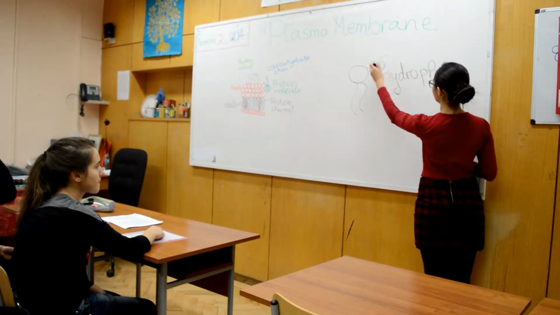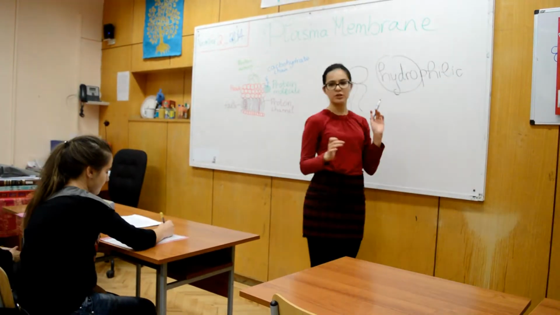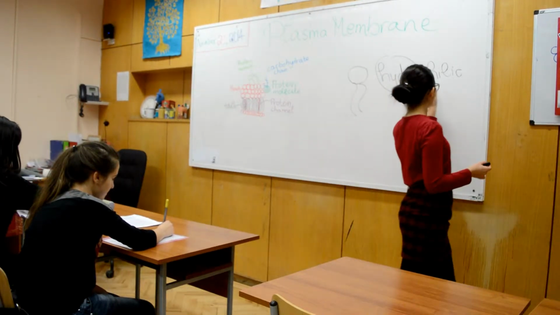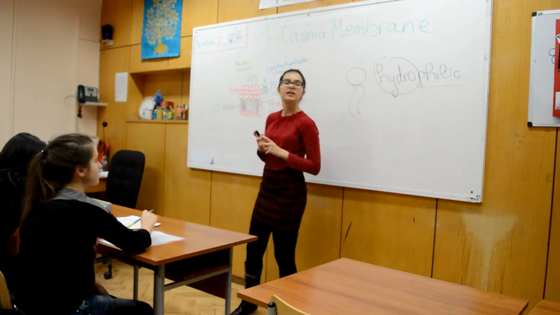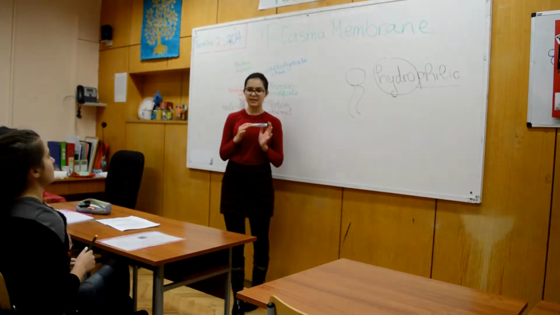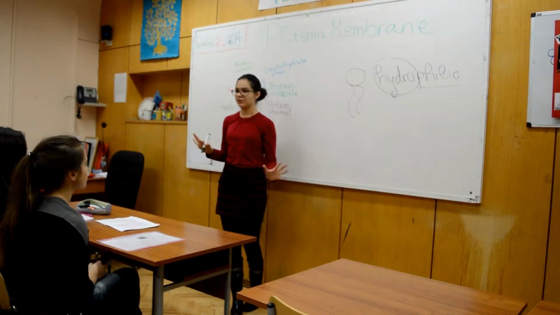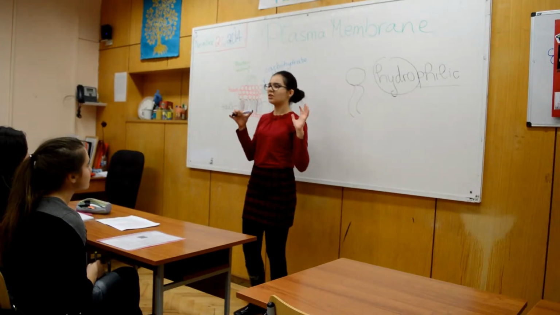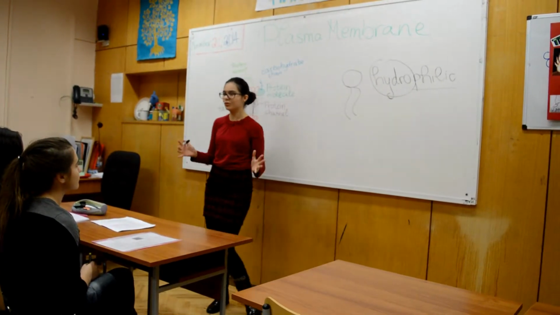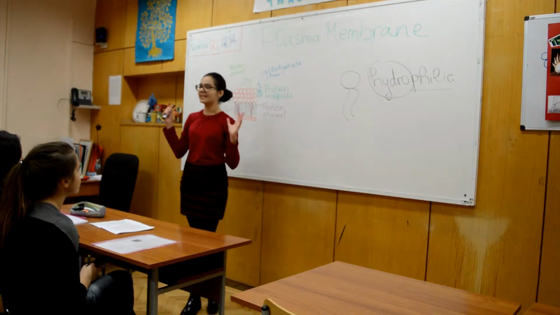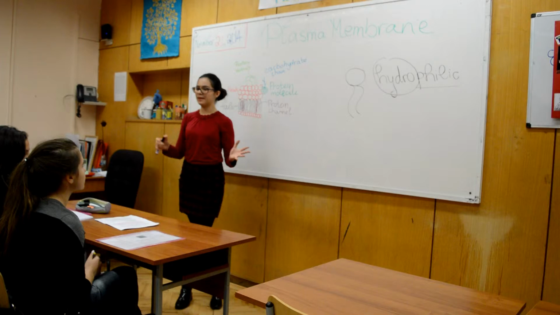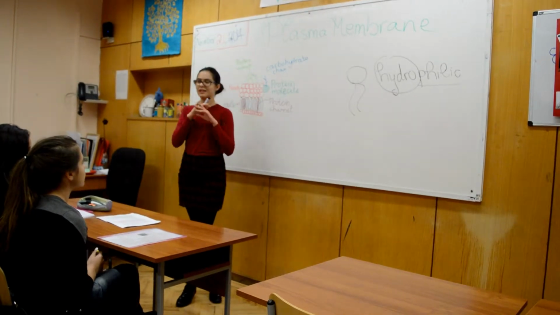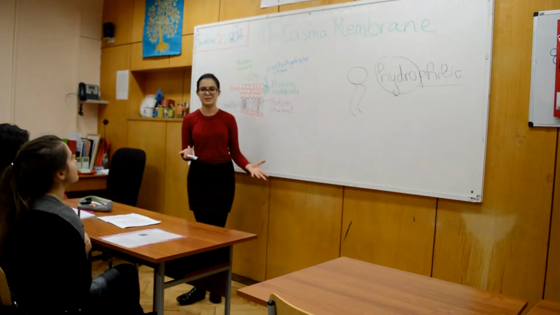Hydrophilic comes from hydro, which is water, and philic, which is loving. So Virginia, you can imagine that you are a lipid head. You love water, you adore it. There is nothing you would not do in order to get more of that elixir of life. And even then, this amount will not be enough to satisfy your thirst for this magical substance.